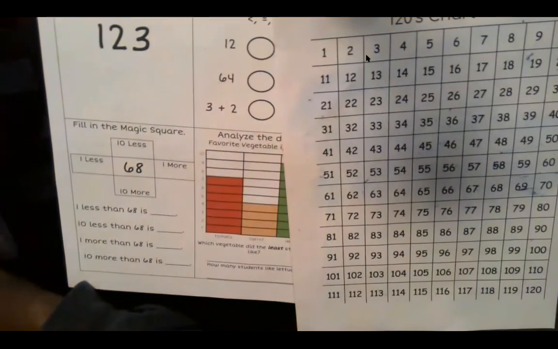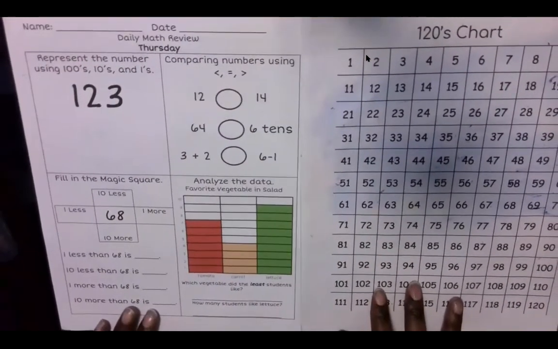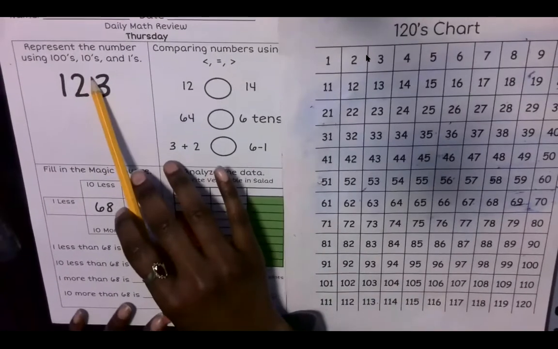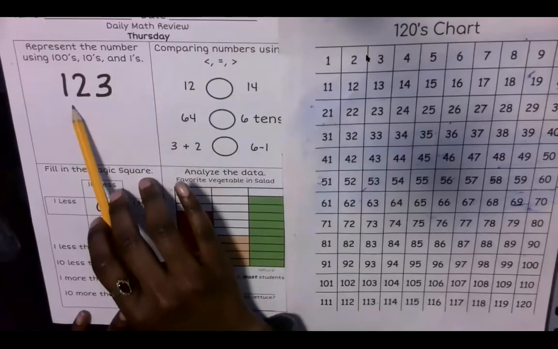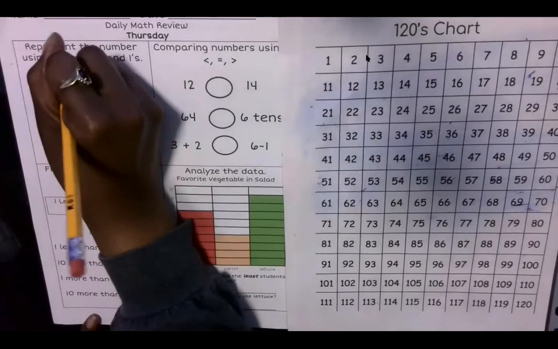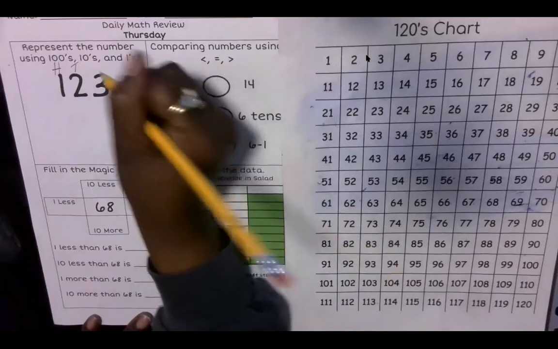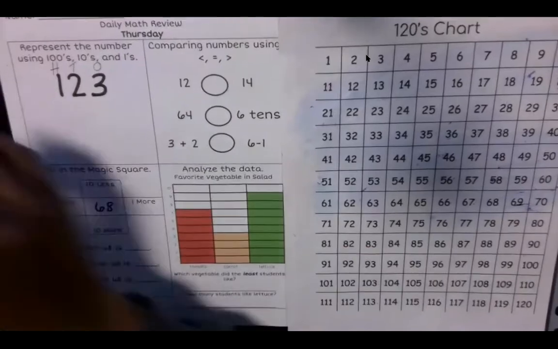All right, let's solve our weekly math review. So, I have my pencil, I have my handy dandy hundreds chart just in case I need it. So here, represent the number using hundreds, tens, and ones. So we have the number 123. I'm going to put an H for the hundreds place, a T for the tens place, and an O for the ones place, just like that.